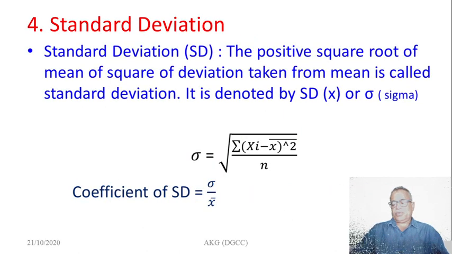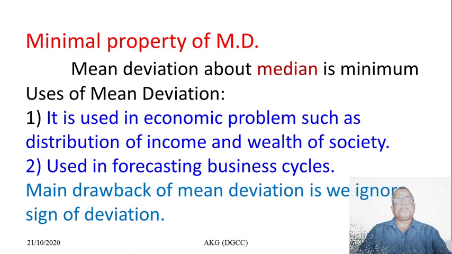Okay, so in the next lecture we see the fourth measure of dispersion, called the standard deviation. It is a superior measure of dispersion because it depends on all observations and we take the pure numbers. In case of the range and quartile deviation, we studied that these two measures do not depend on all observations, and in mean deviation we ignore the sign of the deviation.